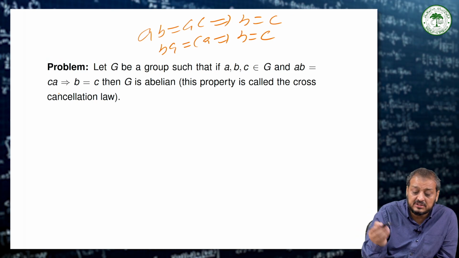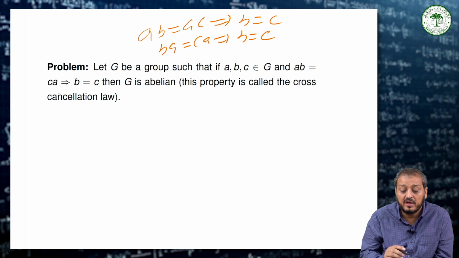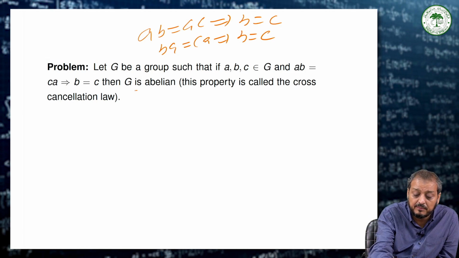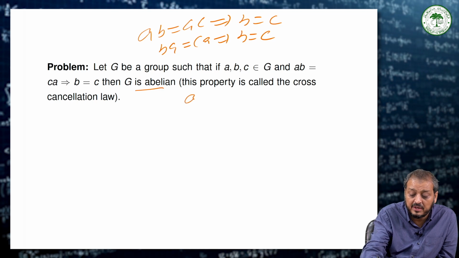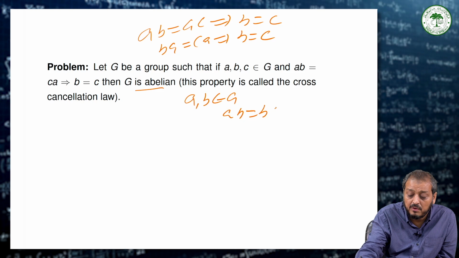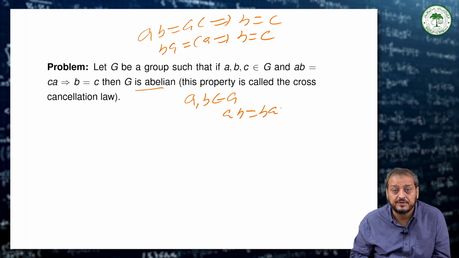G is abelian means we have to show that for any two elements a and b of G, ab is equal to ba. We have to prove it this way.